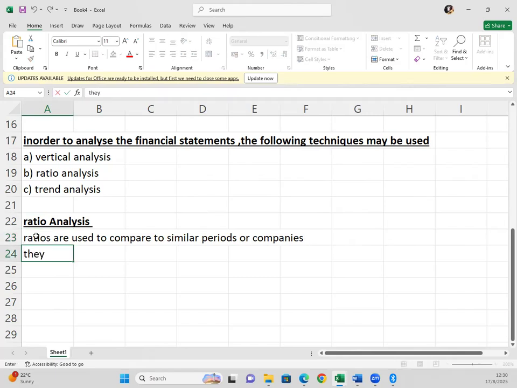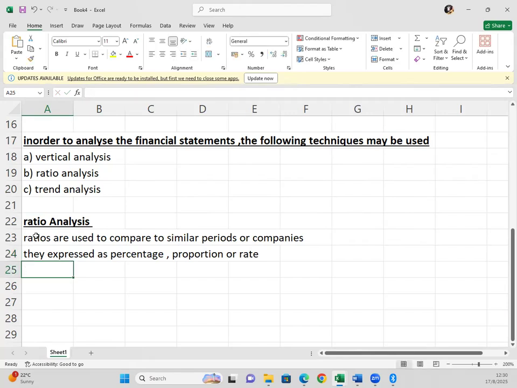They are expressed as a percentage, a proportion, or a rate. Can you have the ratio as a percentage, as a proportion, or as a rate?